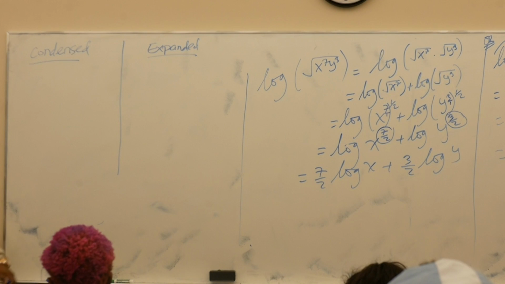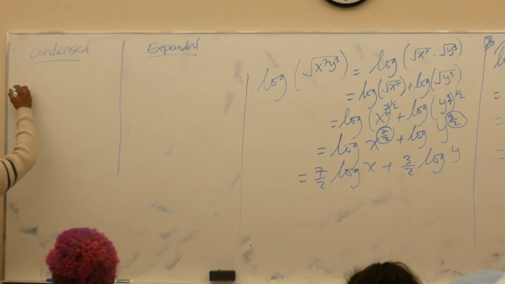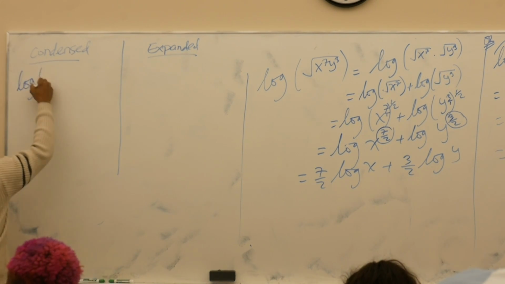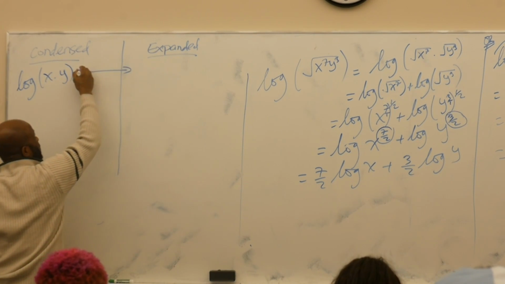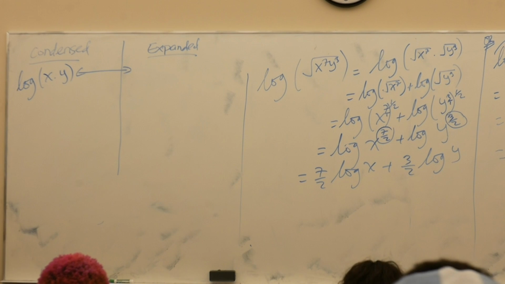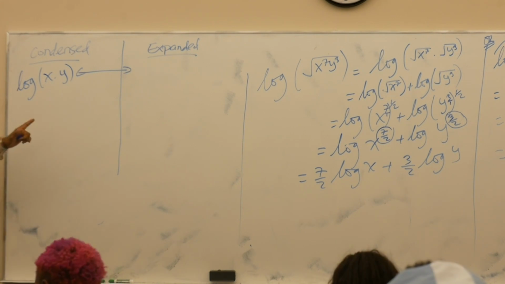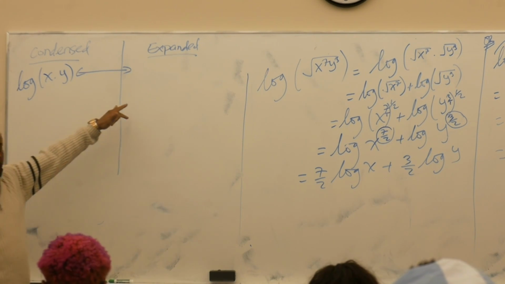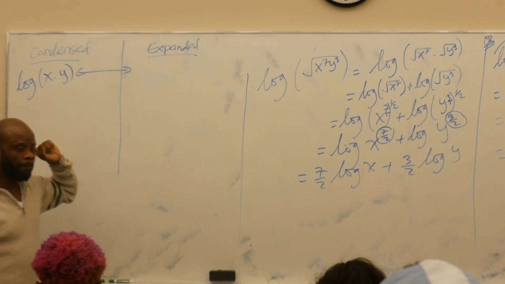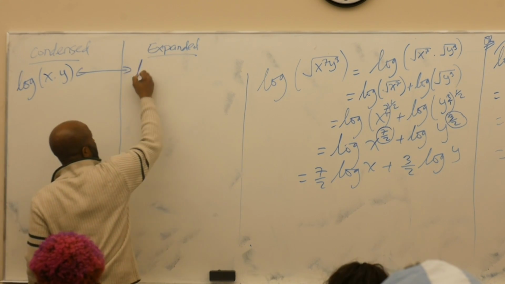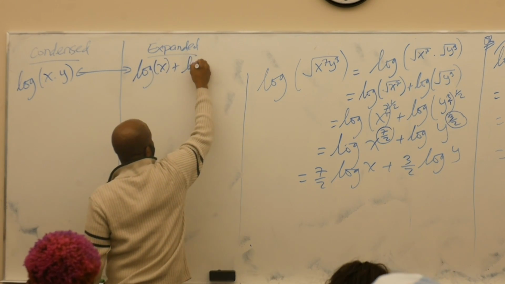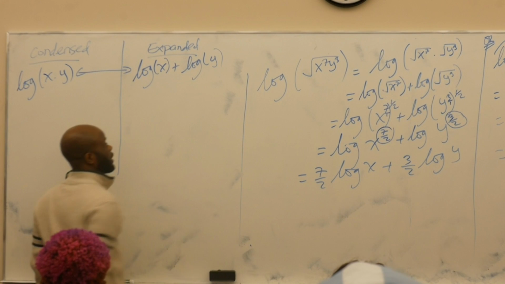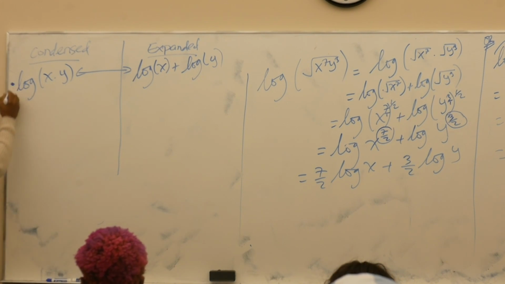But we do have that if I have a log with a multiplication of the argument, I'm going to put two arrows because we're going to go back and forth. This is not a one-way street. It's not downtown Minneapolis. This is a two-way street. So we said we could write that as the sum of the individual logs. That was one property we looked at.